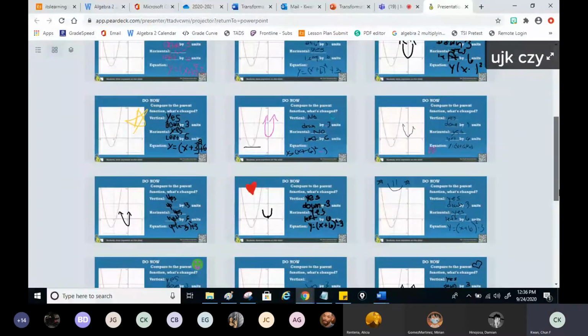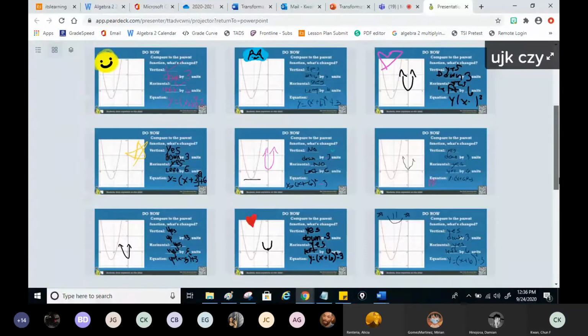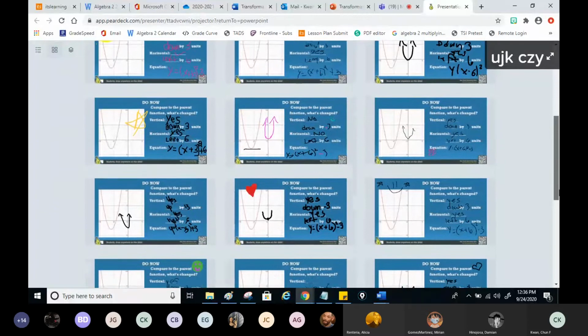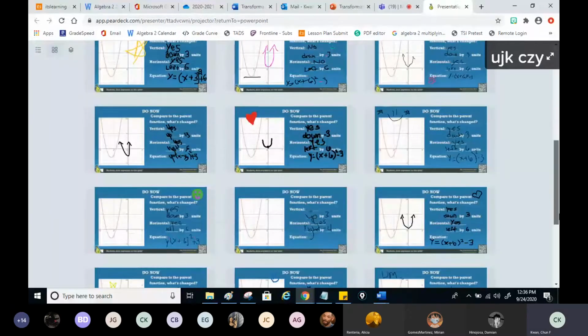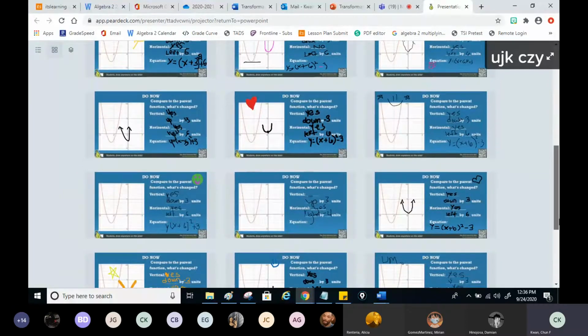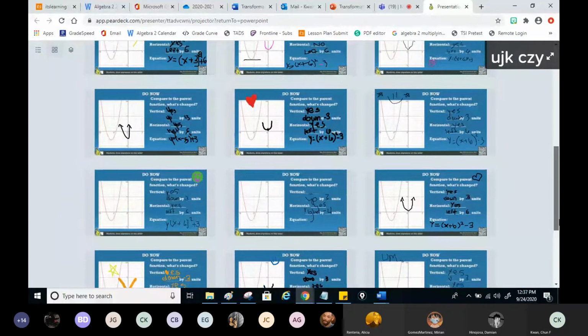And then green smiley face +6 -3. And then the red heart, you're good, perfect. And then black smiley face with 2 stars. You're good, you're good.